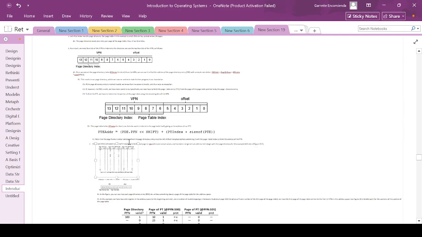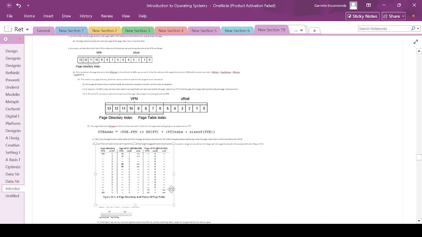So from that page directory entry we got earlier, we left shift the physical frame number.